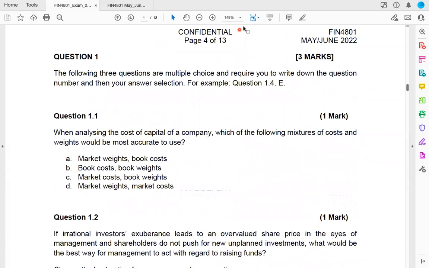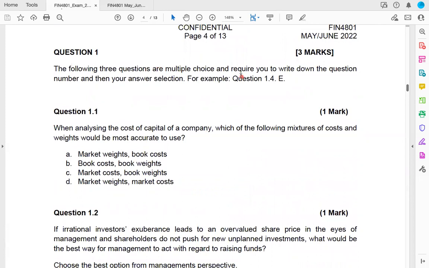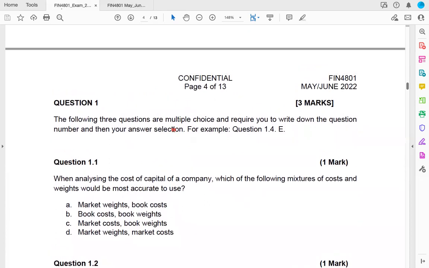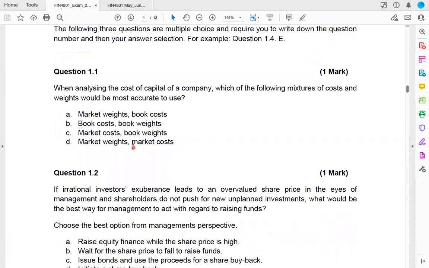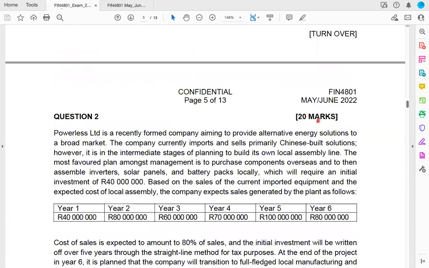So we can start. Question number 1 is an MCQ question that says the following 3 questions are multiple choice and require you to write down the question number and then your answer selection. One other important thing to note is that because this paper is a 4-hour paper, you need to spend about 45 to 50 minutes at most on a 20-mark question.